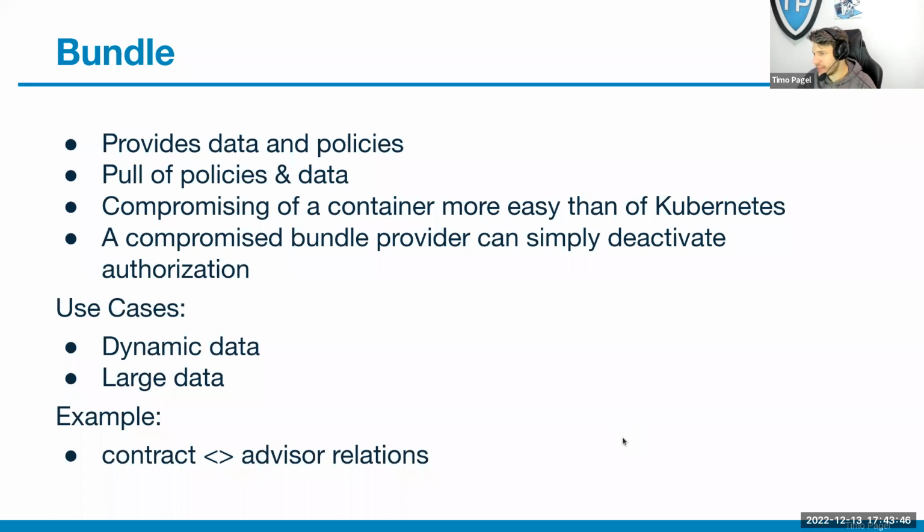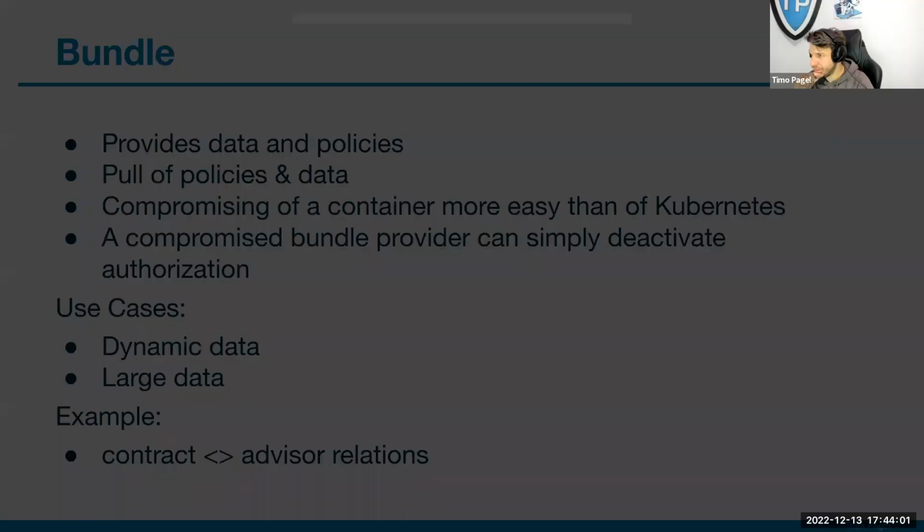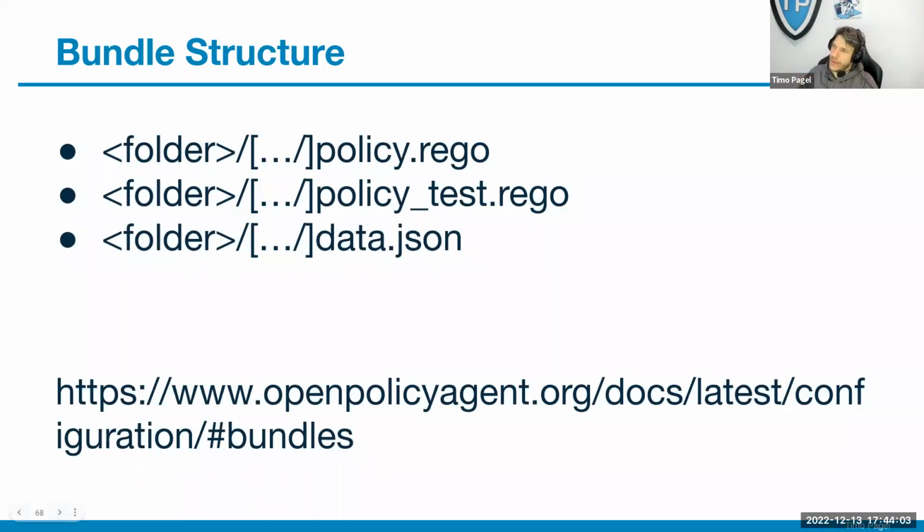You have the use cases of dynamic data and large data. An example would be, from an insurance point of view, the relationship between a contract and one of the advisors. The structure of the bundle is that you have a folder, and then you might have different subfolders for different policies.